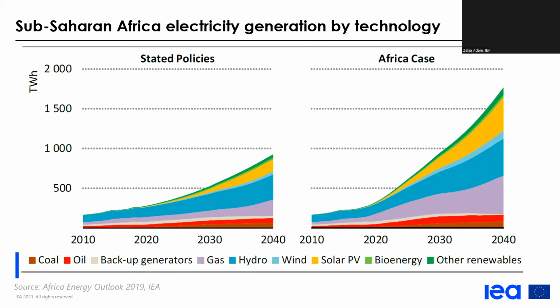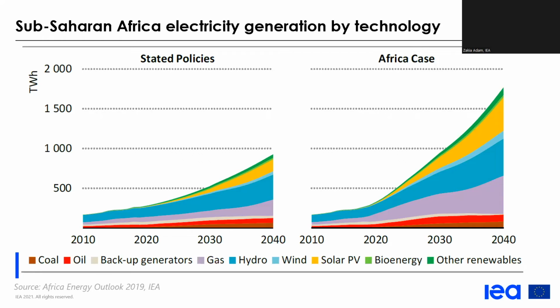So as I said, this is the Sub-Saharan Africa electricity generation by technology. So you can see both the historical trends plus the stated policy scenario results to 2040, and the same for the Africa case to 2040.